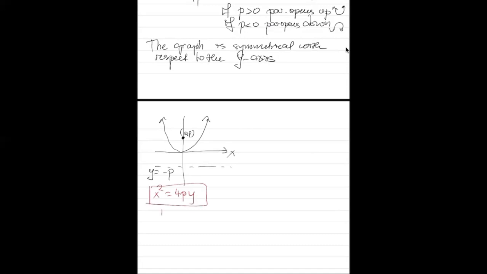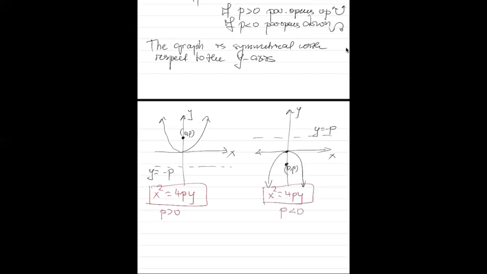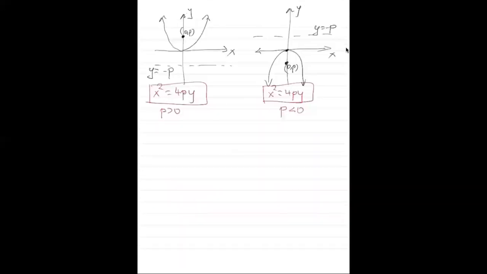Okay, if the parabola opens down, again the vertex coincides with the origin, so the focus is right here, (0, p), and the directrix right here has equation y equals negative p. Our equation is the same, x squared equals 4py, but in this case p is negative. We're familiar with those two cases.